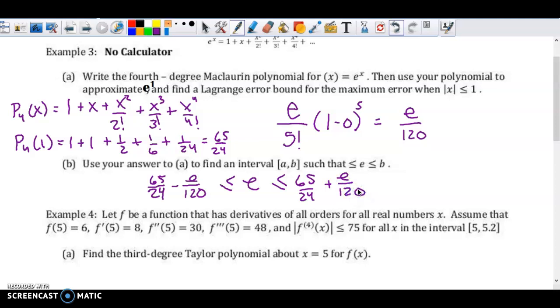If you actually do type this in, you should get 2.68 something and 2.7 something, which makes sense because if you type e in, it will be in between that.